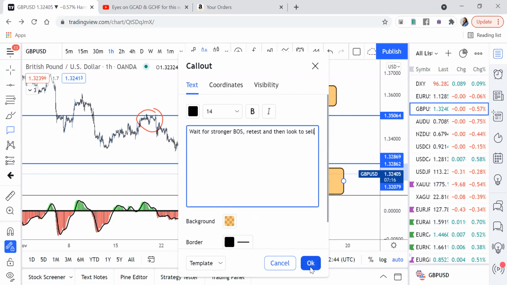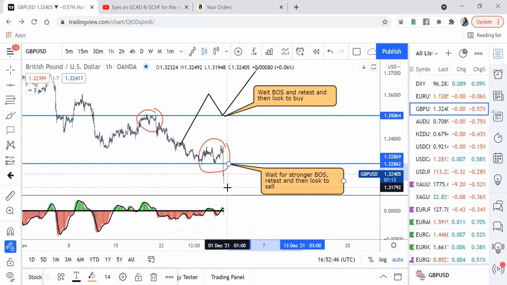That makes sense? You want a stronger breakout to confirm this sell. You need price to move away from this structure. So wait for a stronger breakout, retest, and then look to sell.